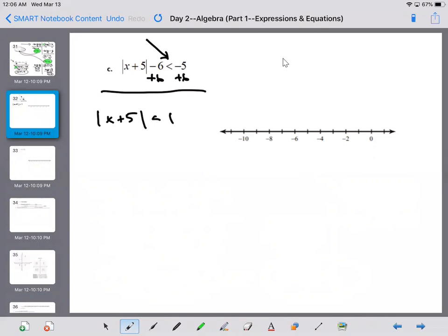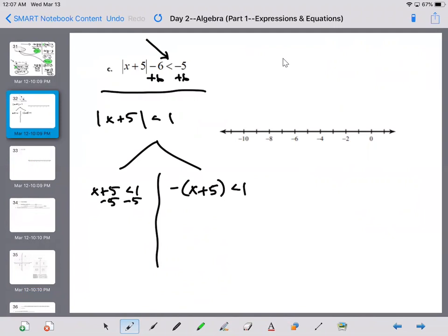And I want to do the same thing that I was doing with the equations. I want to take x plus 5 is less than 1, and negative times x plus 5 is less than 1. So on the left side, I'm going to subtract 5, and so that'll give me x is less than 1 take away 5, which is negative 4.